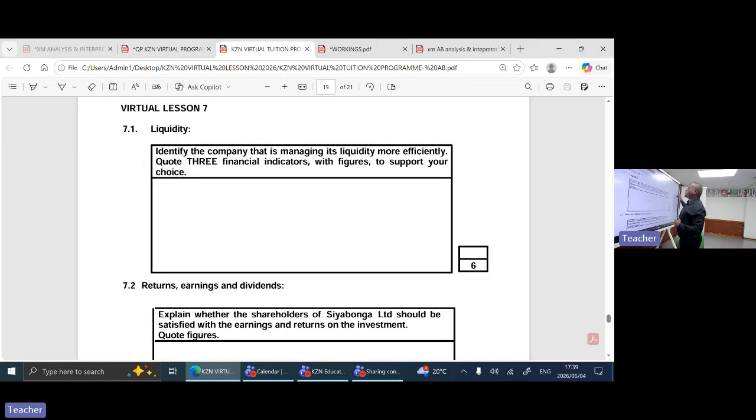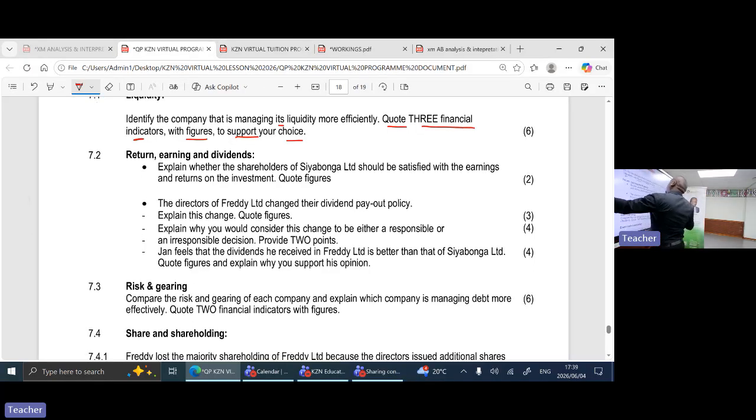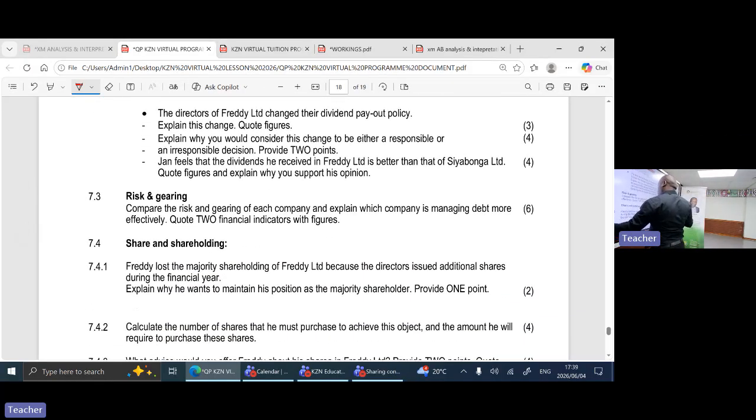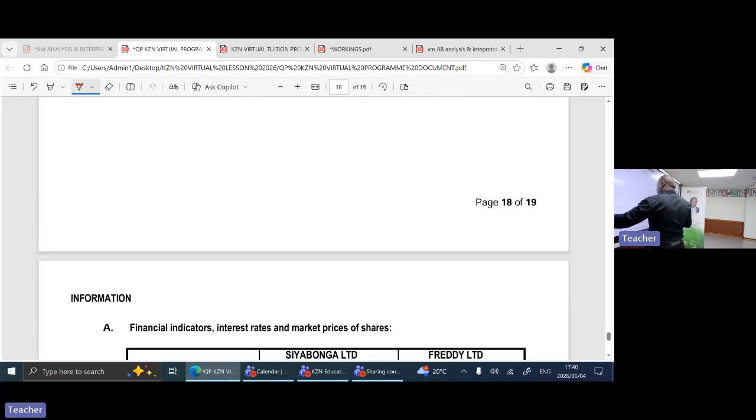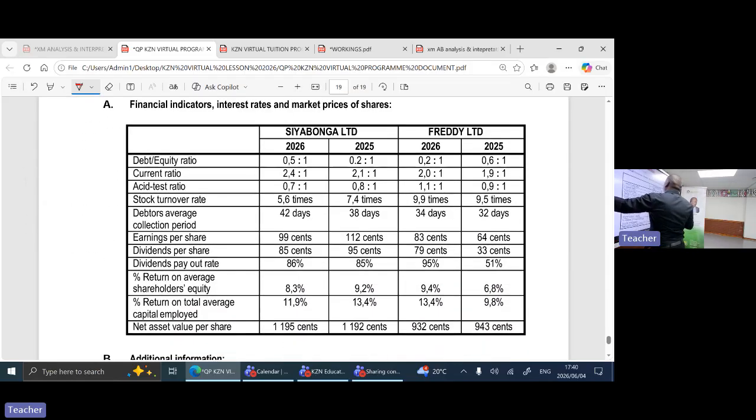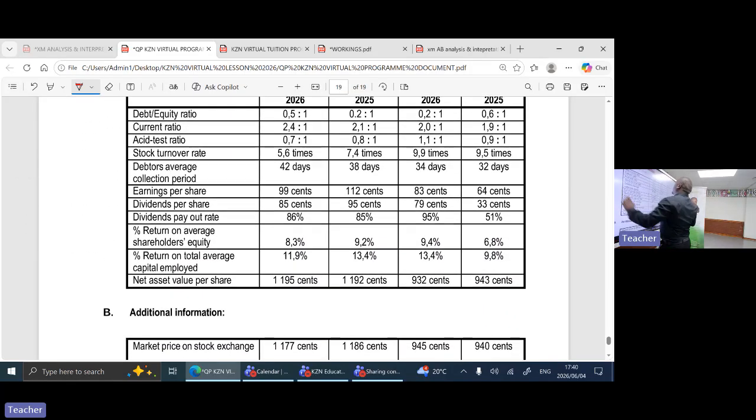So this is our answer book this side, and this is our information. So we're quoting 3 indicators, but under liquidity. We know the indicators under liquidity. They are grouped, all of them.